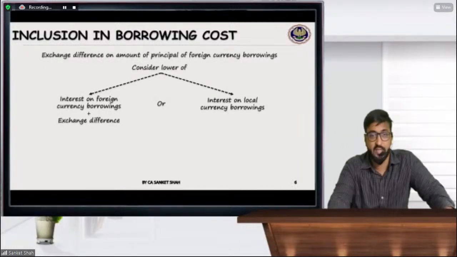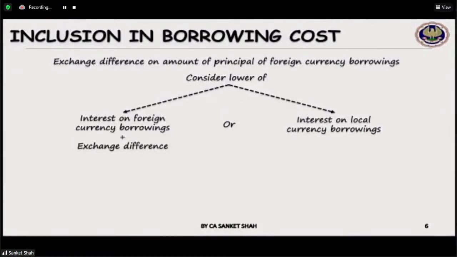So please take a screenshot of this exchange difference. I hope you are clear with this concept now. Easy che?